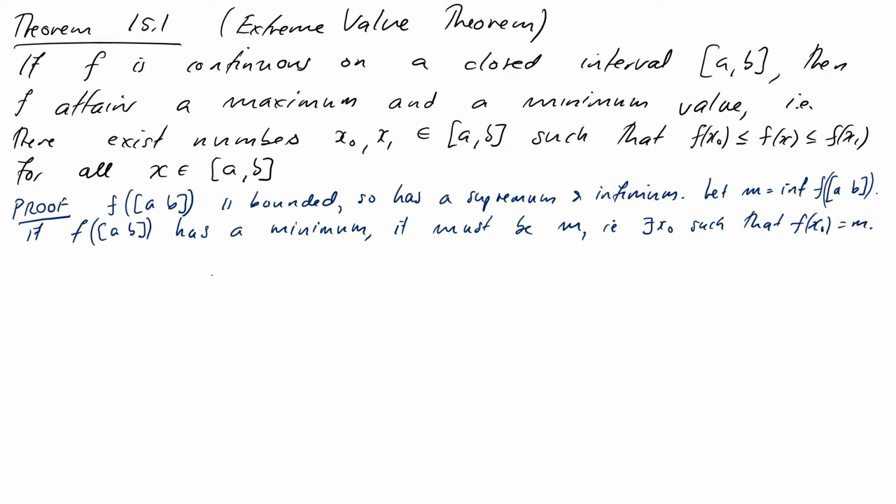So we're going to do this by contradiction. We will assume that there is no minimum. So we're going to assume that f of x is greater than m for all x.